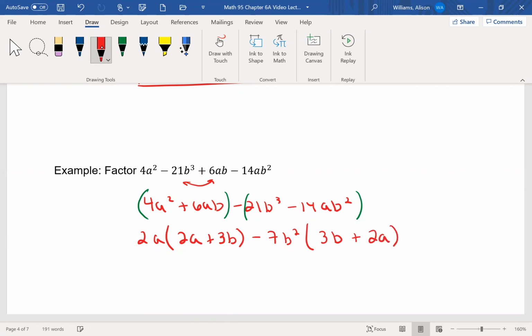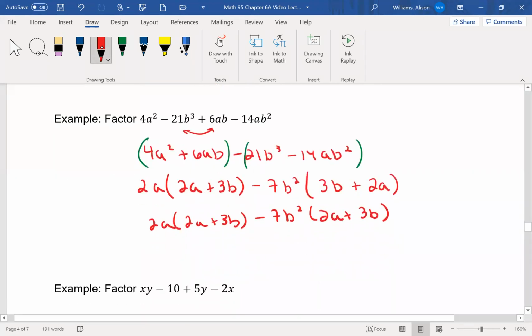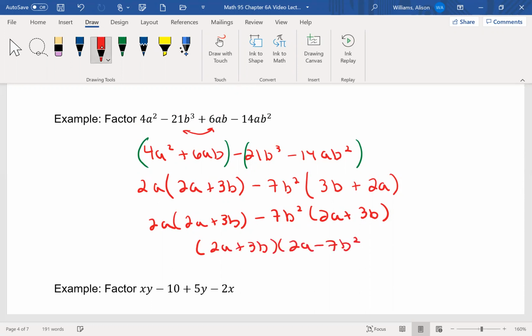So my blobs are the same. They're just written in reverse, right? I could rewrite this as 2a plus 3b, and that wouldn't be incorrect since it's an addition. So there's my blob, 2a, oops, I forgot the 2. 2a plus 3b times 2a minus 7b squared.